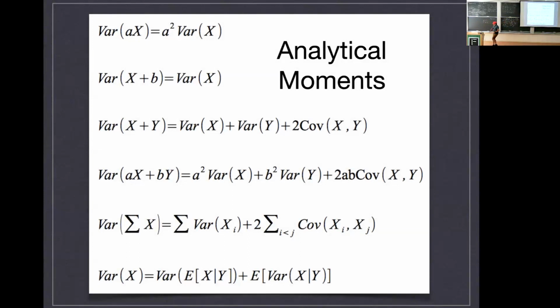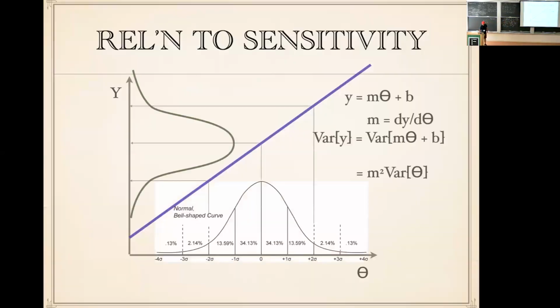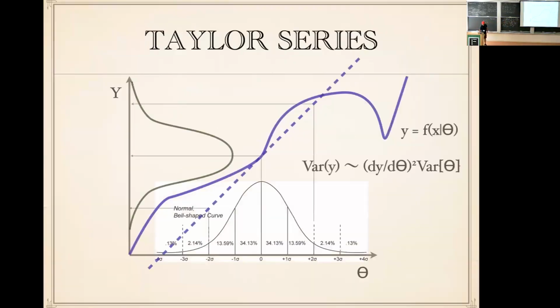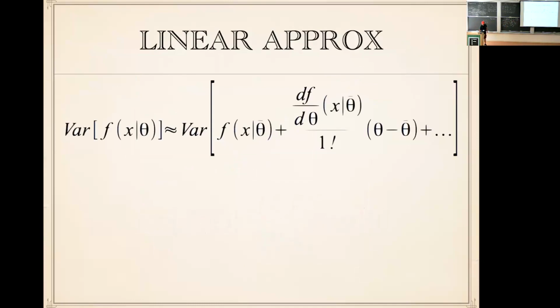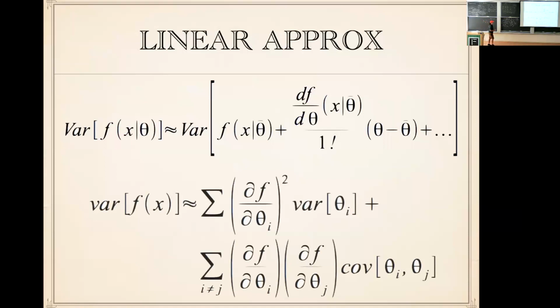So if I want to generalize what I was doing here to a multivariate sense, I have the sum of each of the individual terms, the variance of each thing times the sensitivity of each thing, and then I also have all of these covariances between the two things and the product of their individual sensitivities.